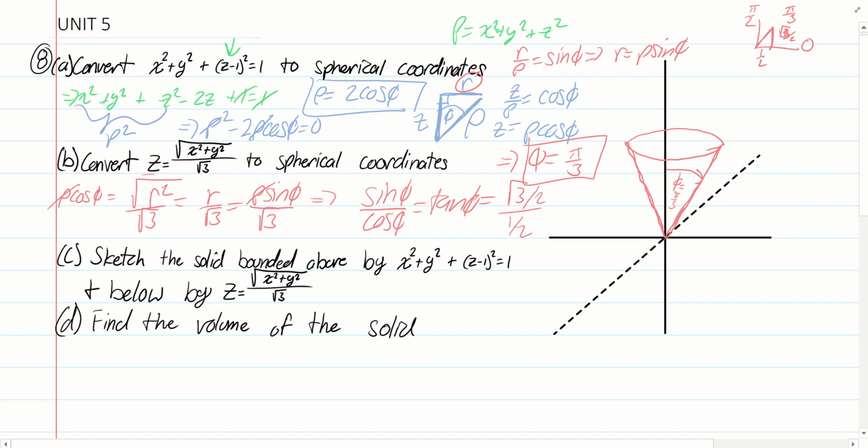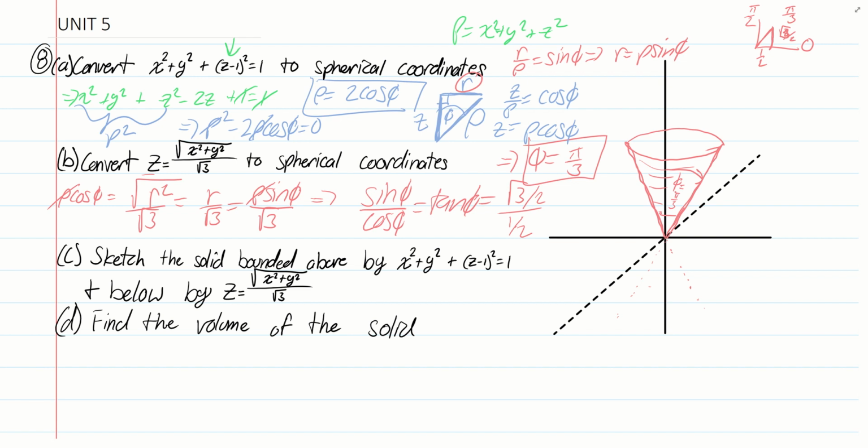If I were to just draw pi over 3 infinitely without being bounded, it'd look like a weird arrow glass thing going on forever. But in this case it is bounded, so it's bounded below by this cone and above by rho equal to 2 cosine phi.